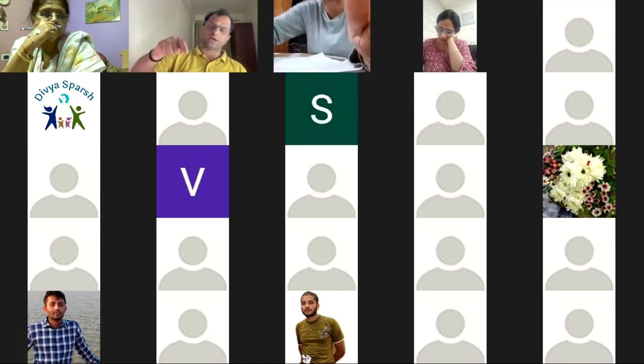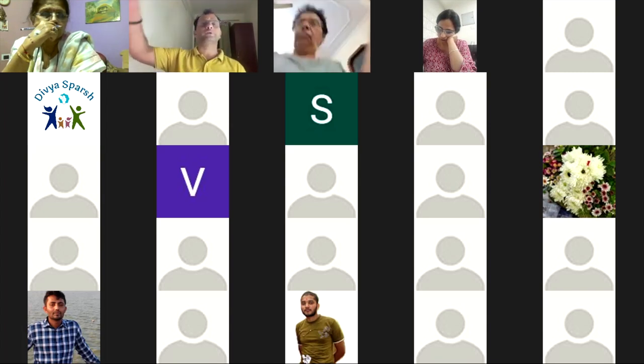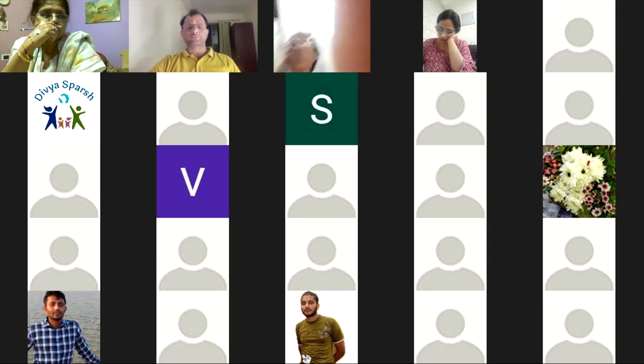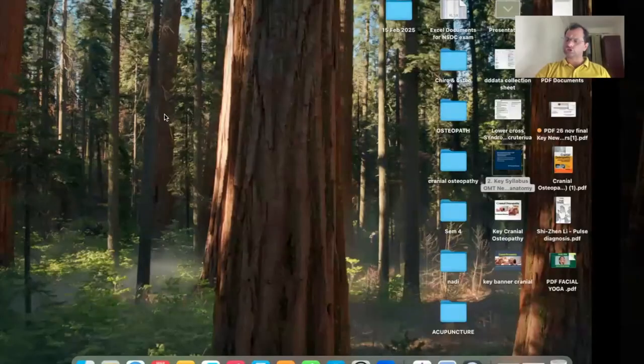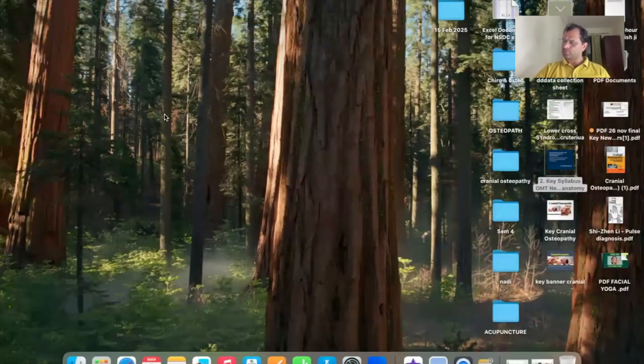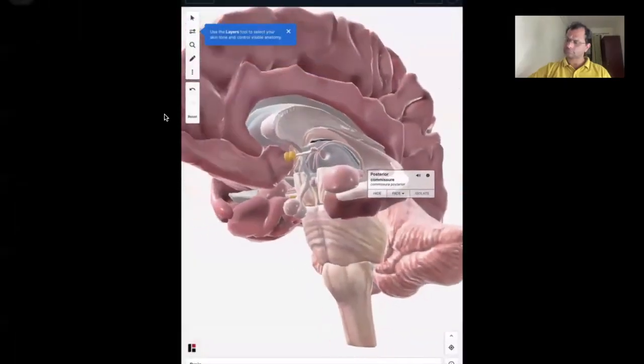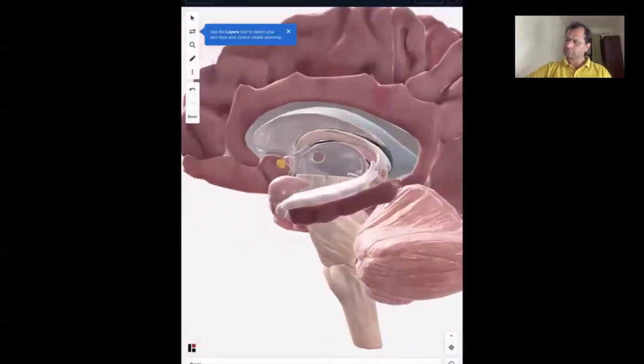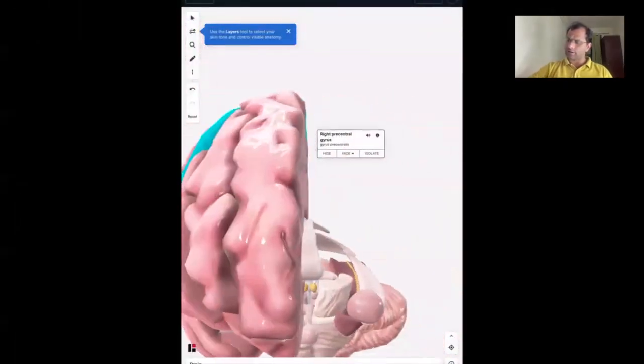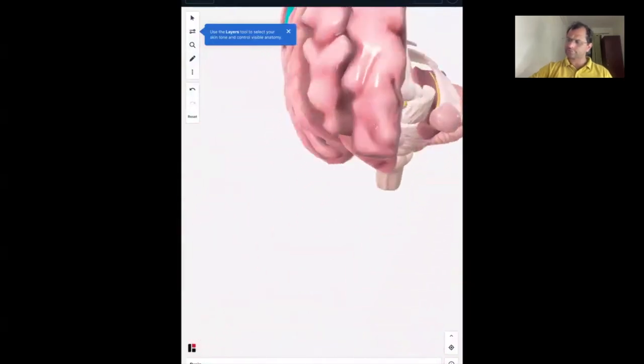Now this pineal gland is located in the midbrain. So let's see now. The midbrain is the relay station. Look at this image now. This is the forebrain. This entire brain we have seen is the forebrain.